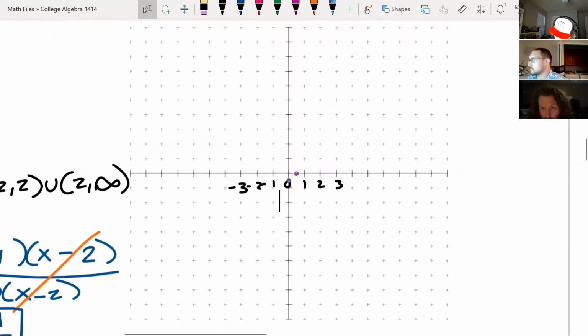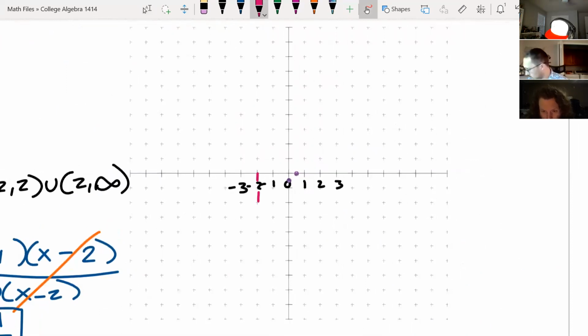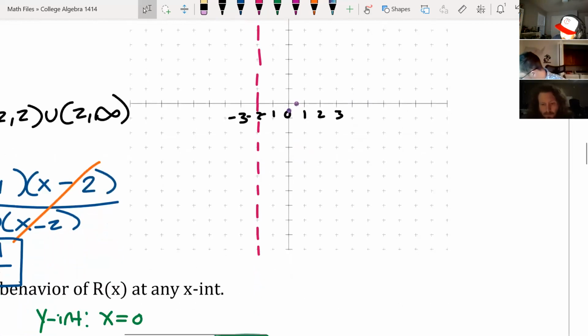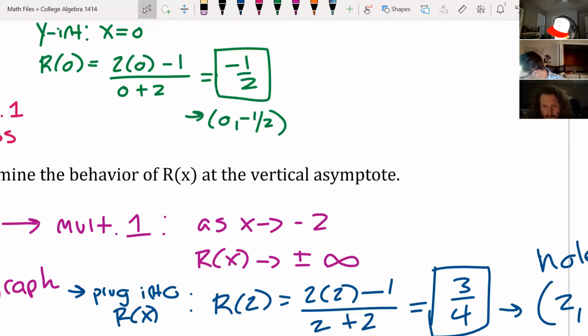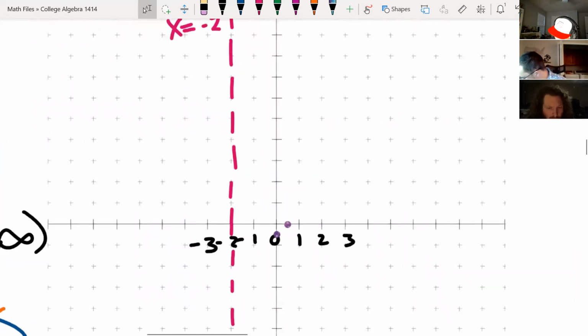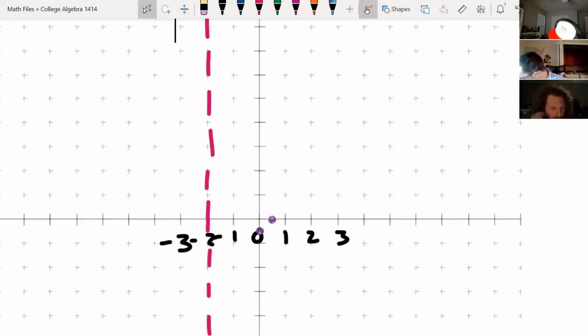So let's go ahead and plot that. I'll use the red line. Here's my vertical asymptote at -2. And then the hole in the graph is at 2 3/4. So 2 and 0.75. So we'll just put that around there. Okay.